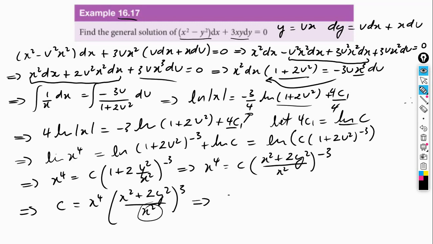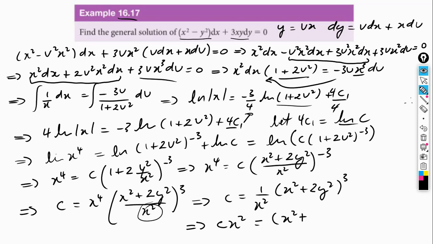So we're going to get c is equal to 1 over x squared times (x squared plus 2y squared) to the power of 3. And then we can leave it in its implicit form as c x squared is equal to (x squared plus 2y squared) cubed.